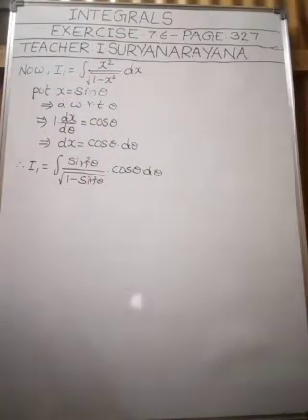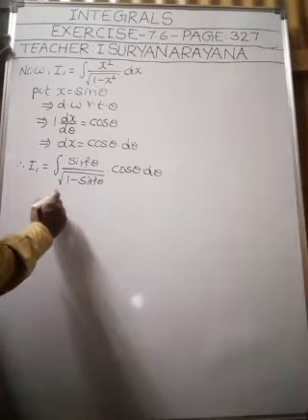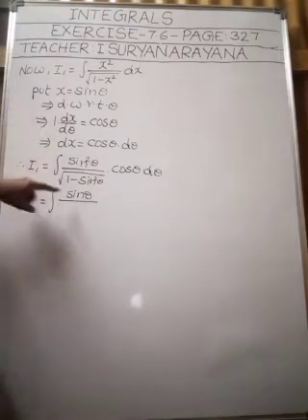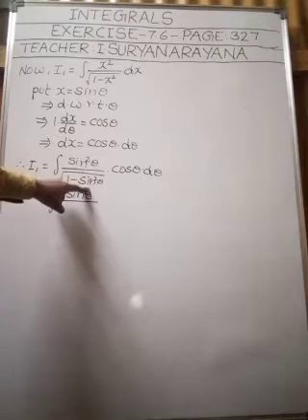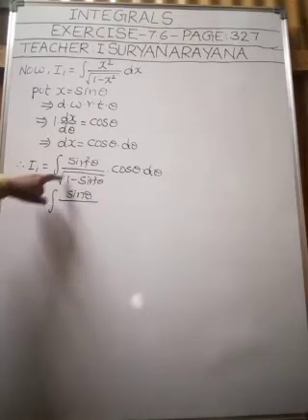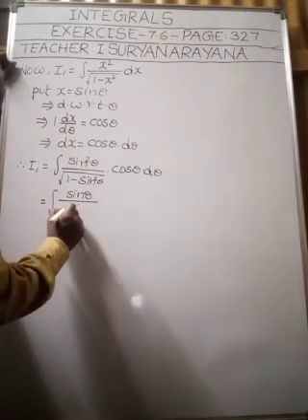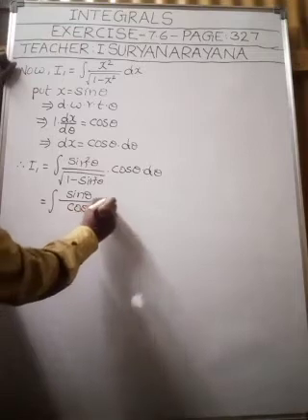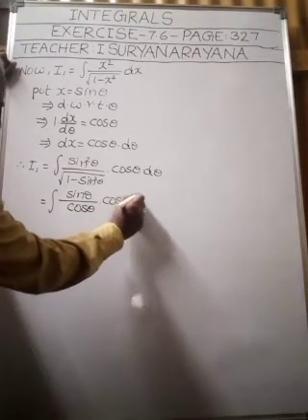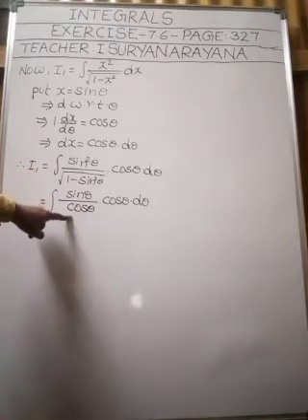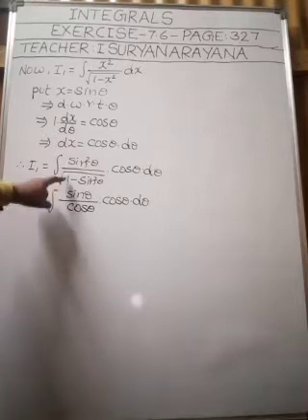Okay, my children? Right. This is equal to integral sine square theta by root of 1 minus sine square theta. What is the value of 1 minus sine square theta? Cos square theta. Root cos square theta, what do you get? Cos theta. Directly I am writing cos theta into cos theta d theta. Okay, my children, understood this step? What is this cos theta? Understood this cos theta, my children, in the denominator.